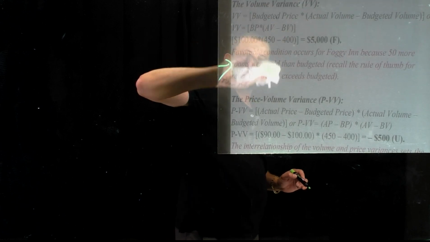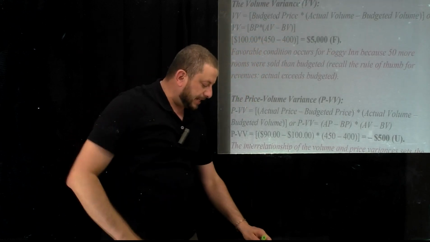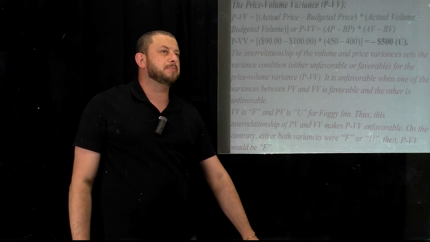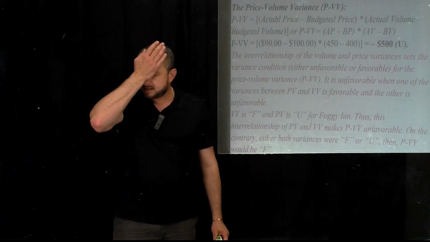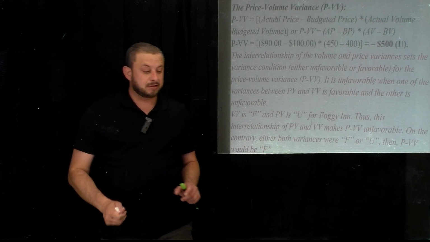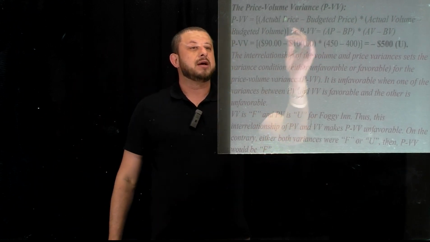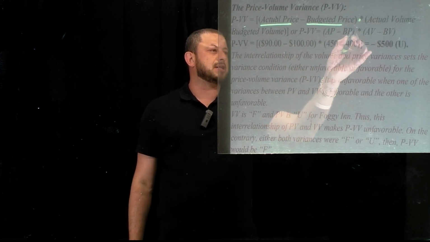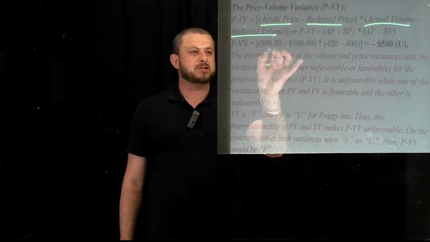And the last one, PVV, where we see the price and volume combination and analyze the variances. PVV is equal to actual price minus budgeted price, multiplied by actual volume minus budgeted volume.